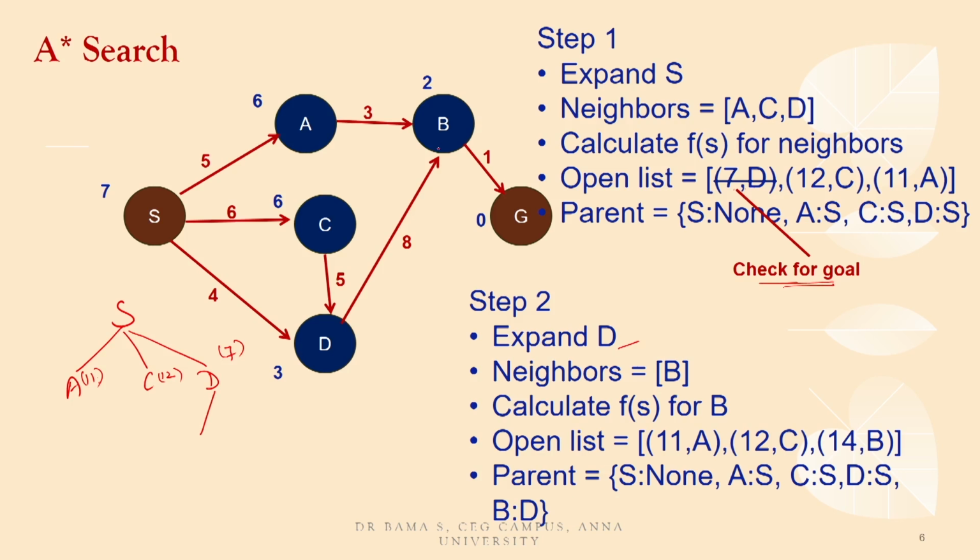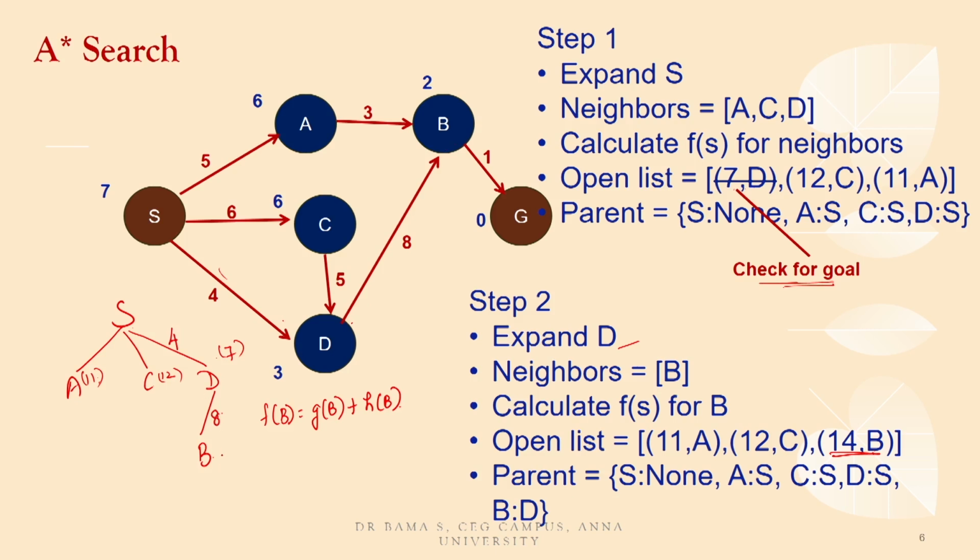If D has to be popped out, the neighbor is B. Now, for B we have to calculate f of B. F of B is G of B plus H of B. Now, G of B, if we see from S to D, this is 4, and from D to B it is 8.